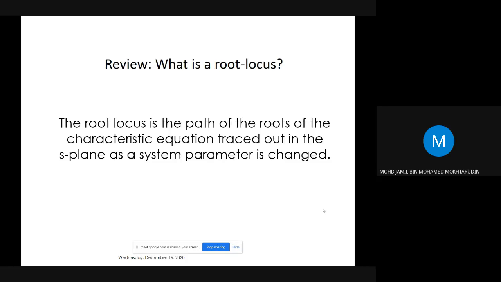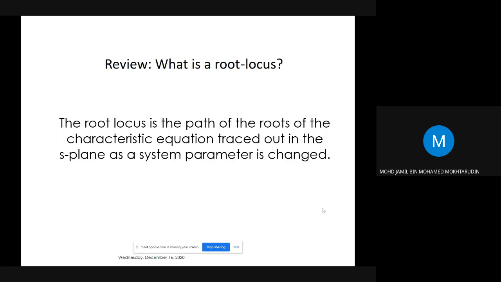Compared to Routh-Hurwitz, where you want to find the range of k for stability, for root locus you plot the different values of the poles as you vary the value of k.